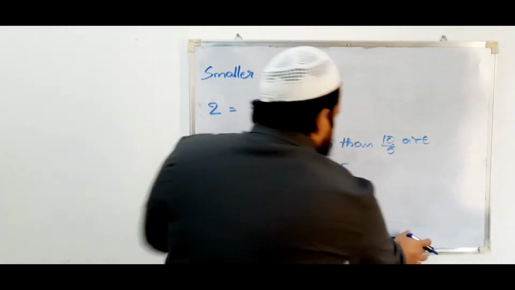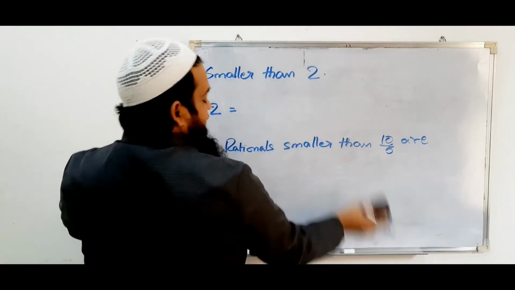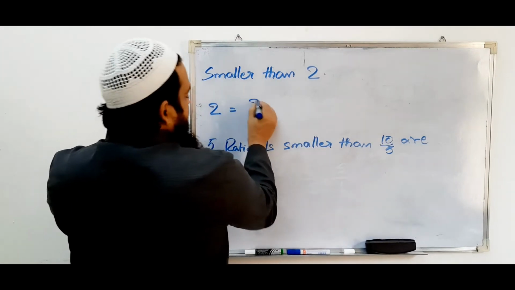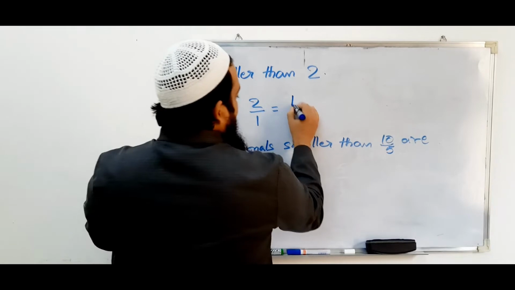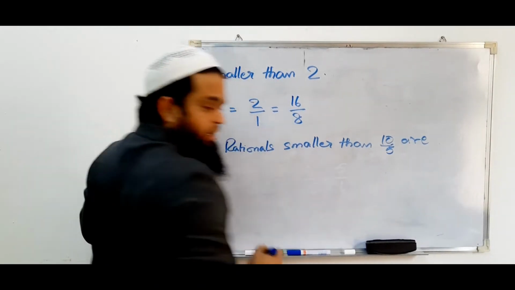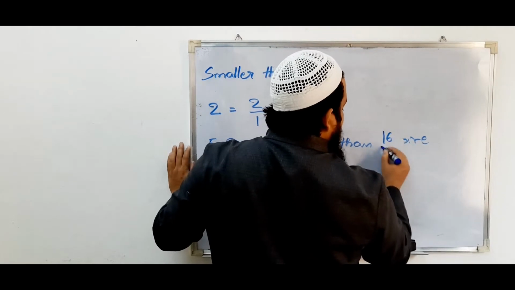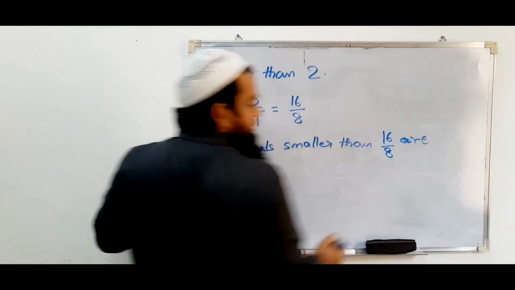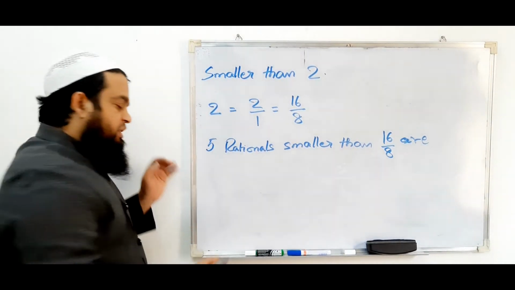So, yes, instead of multiplying with 5, so 2 by 1, let us multiply with 8. Okay, 2 8s are 16 by 8. Is it right? Now 5 rational numbers smaller than 16 by 8. So can you tell me 5 rationals smaller than 16 by 8?